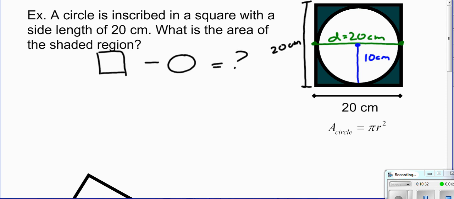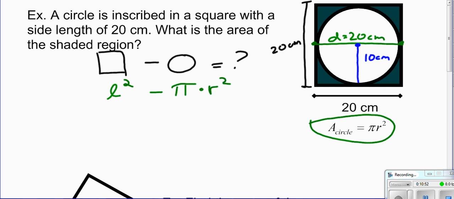The area of a square is side length squared, so we go length squared. Then we take away the area of a circle. And look at that, I provided the formula for area of a circle. I'm too nice. So pi times radius squared is going to be subtracted, and I'm going to put it in brackets to show that that whole value gets subtracted. The length of our square is 20 centimeters, so 20 centimeters squared, take away pi.